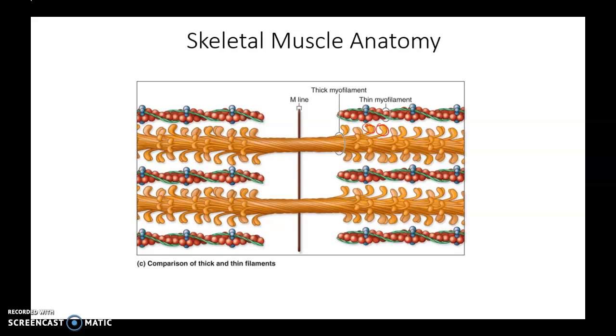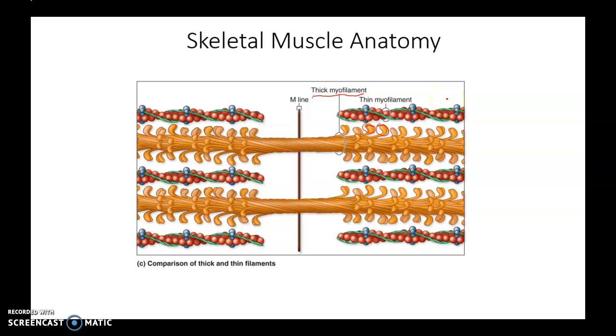And these myosin molecules, or the myosin proteins, make up the thick filaments. So we have the thick filaments as shown here, and then the red proteins are called actin proteins, and they make up the thin filament.